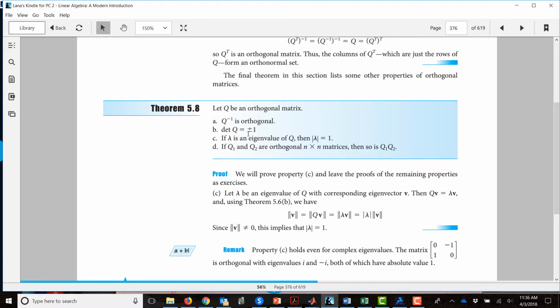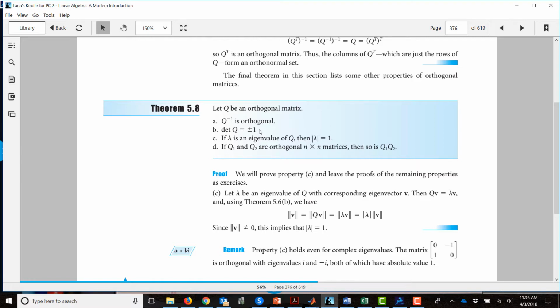Part B, this is kind of cool. The determinant. So far, we only had one thing we knew about the determinant. We knew that determinant 0 means not invertible, no inverse. Now you have another meaning of determinant. If it's plus or minus 1, that's an orthogonal matrix.